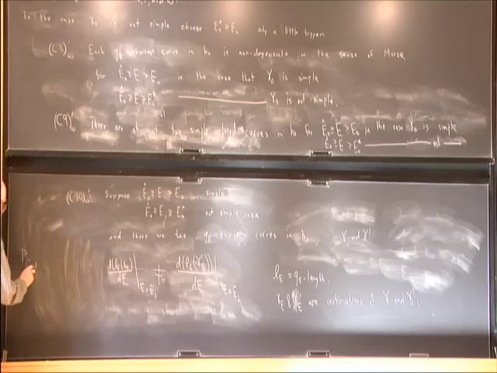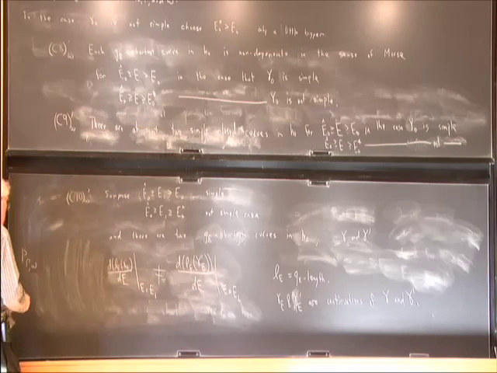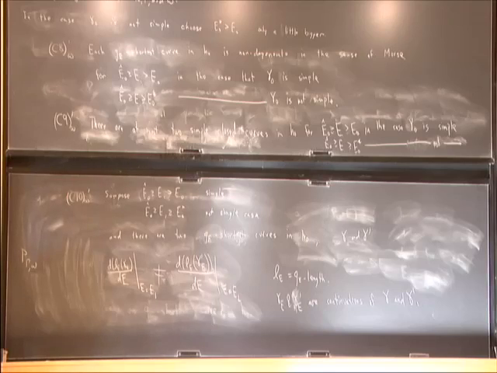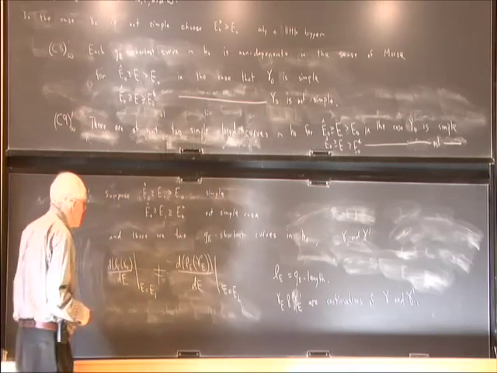This is a one-parameter family of functions depending on omega, and the minima of this had to satisfy those three conditions. So the minima had to be non-degenerate in the sense of Morse, and there had to be at most two for each value, and then you had the transversality condition.